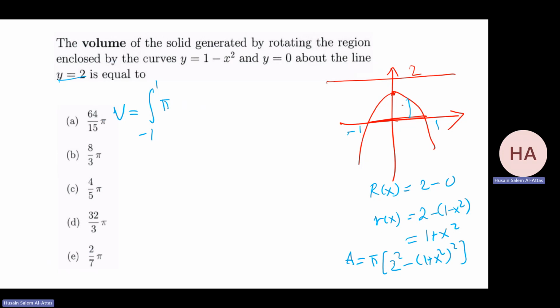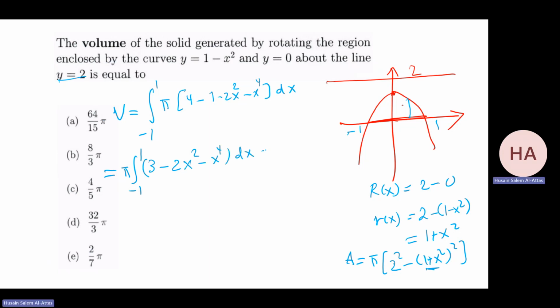So that will be pi times 4 minus 1 minus 2x squared minus x to the power 4 dx, from minus 1 to 1. I have 3 minus 2x squared minus x to the power 4.